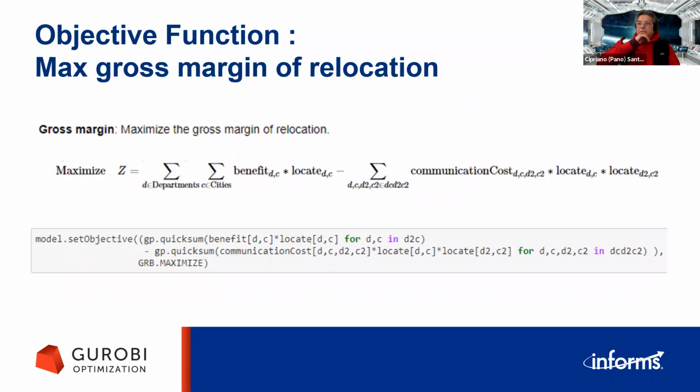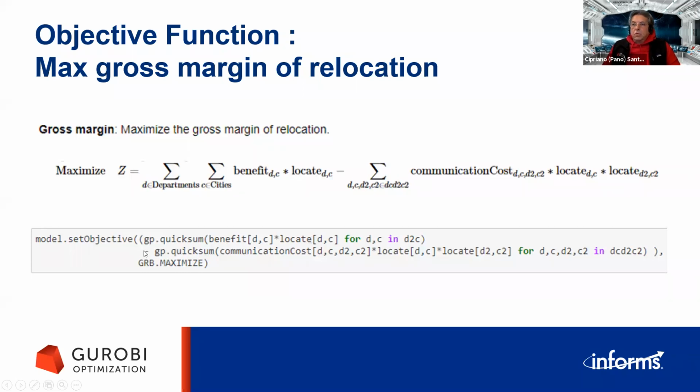And for the objective function, we use the setObjective method. And again, we are going to use the quicksum to define the objective function. So this first term essentially defines the total benefit that we get from allocating a department at the particular city.